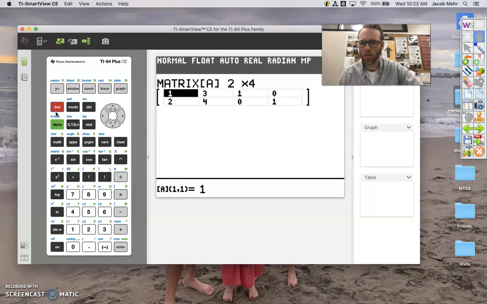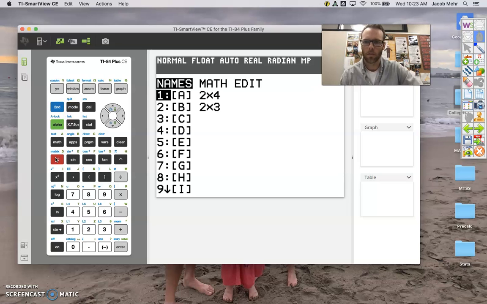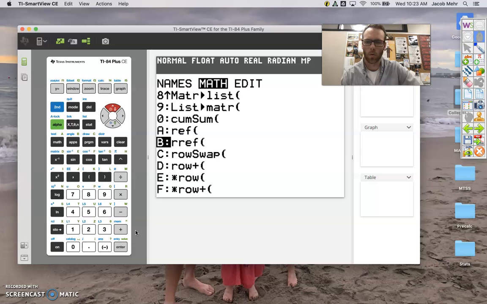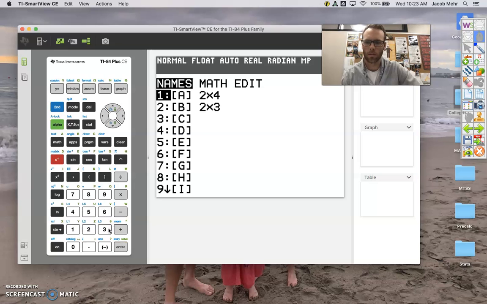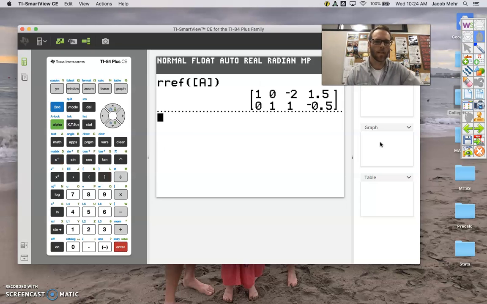Now what we can do is let's quit out of that. Let's go to matrix. Let's choose math. Let's go to reduced row echelon form. And let's do that with matrix A. And this is what we get.